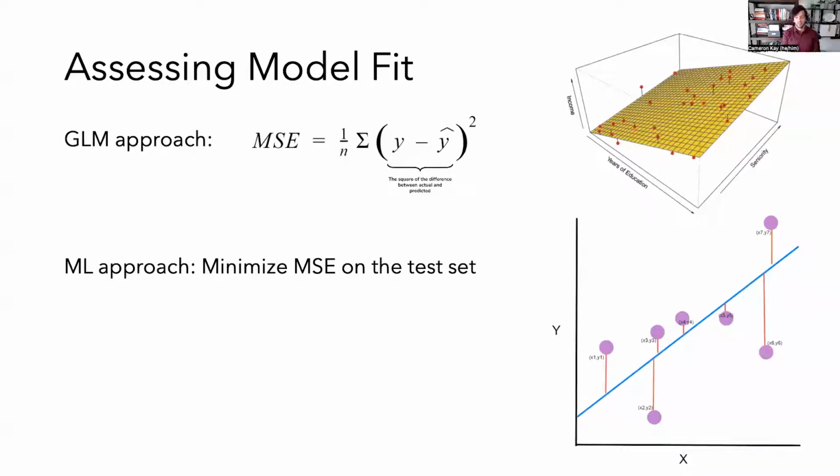In this case, for the regression model we're going to be running, probably the most popular method for assessing model fit is to use either the mean square error or the root mean square error. So we take the difference between the actual values and our predicted values, square them, sum them up, divide by n, and you get your mean square error.